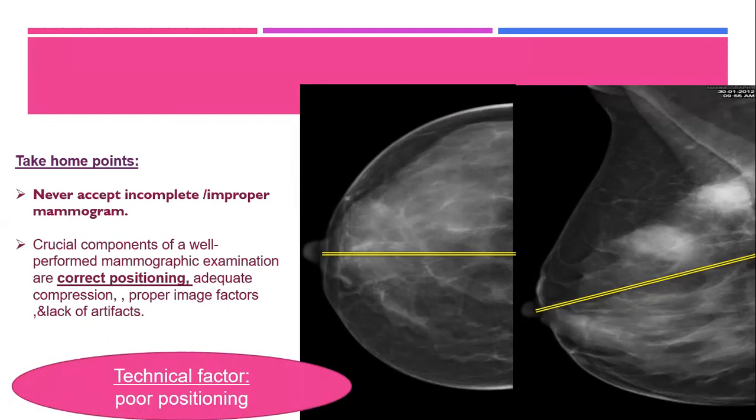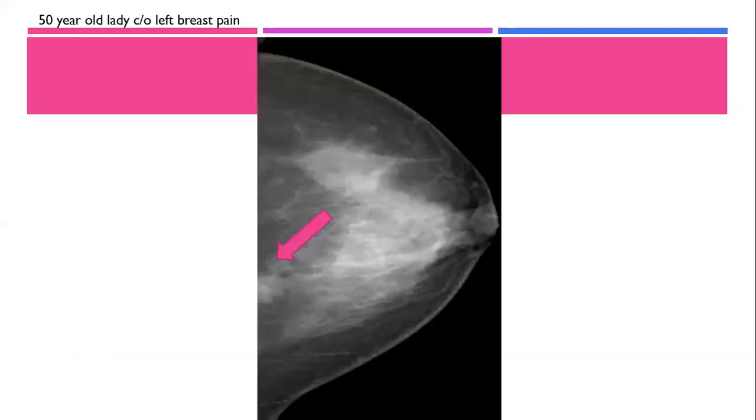Just to remind you, the crucial components of a well-performed mammographic examination are correct positioning, adequate compression, proper image factors, and lack of artifacts. This image, also my patient, represents an edge of the film abnormality.